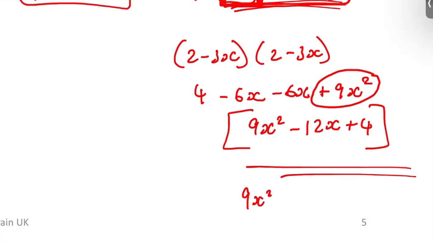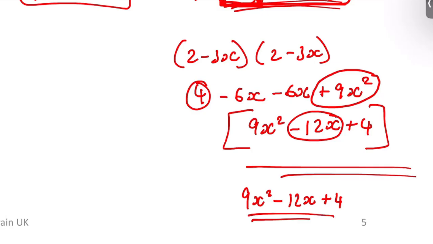So you have 9x squared. And then we have the minus 12x. Because there's a minus, we're just going to bring the minus with it, so it's going to be minus 12x. And the 4 in front of it has a secret positive sign, so it's going to be plus 4. That's why it's 9x squared minus 12x plus 4. You don't change the signs, you just bring the signs that are in front of each term with it.